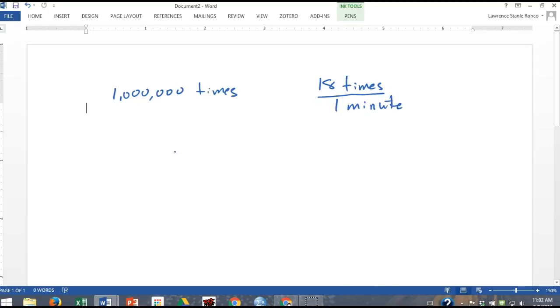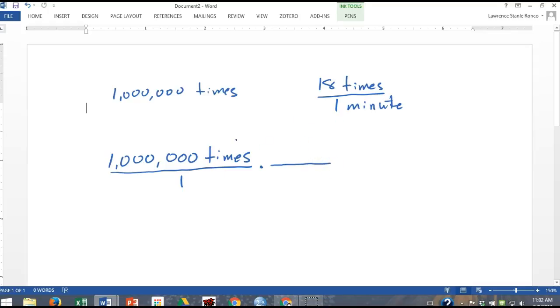The other thing that I know is that this animal breathes 18 times per minute. Okay, so using that information, we've got a good start. So I'm going to start with 1 million times. And I'm just going to write it as a fraction, just because I like knowing that there's a denominator, and the denominator is going to be 1. And then I need to set up this factor here so that I can cancel out some units.